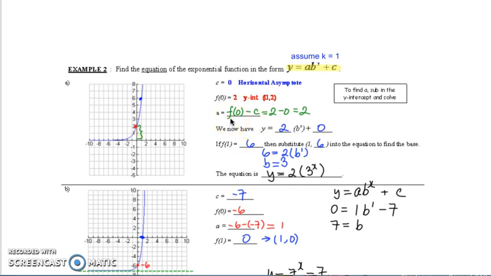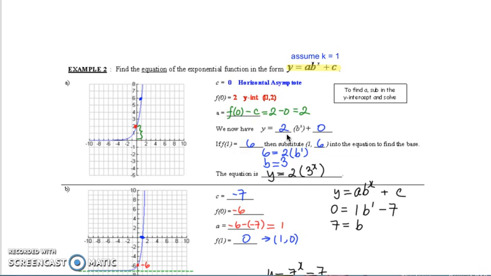Specifically, it can be found by f(0) minus c. So a in this case would equal 2. So we have already found a and c. Our equation now looks something like y equals 2 times b to the power of x plus 0. So you can skip that part.